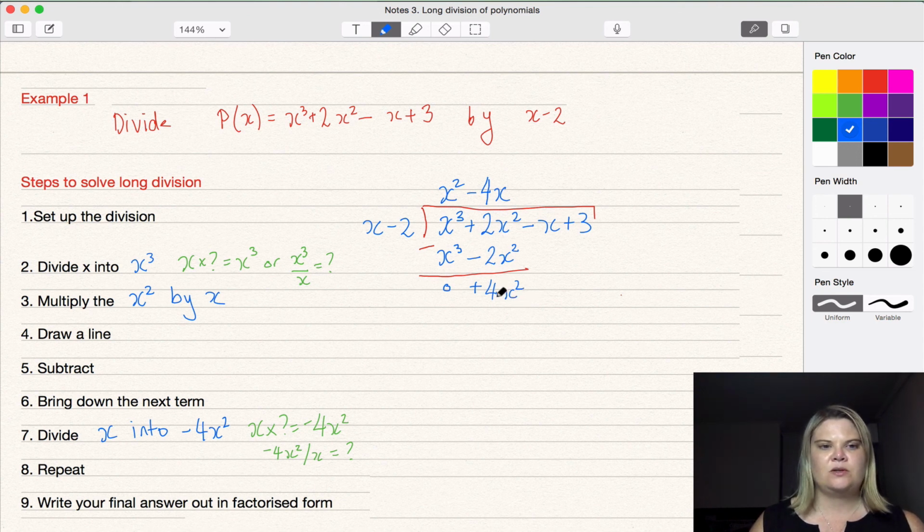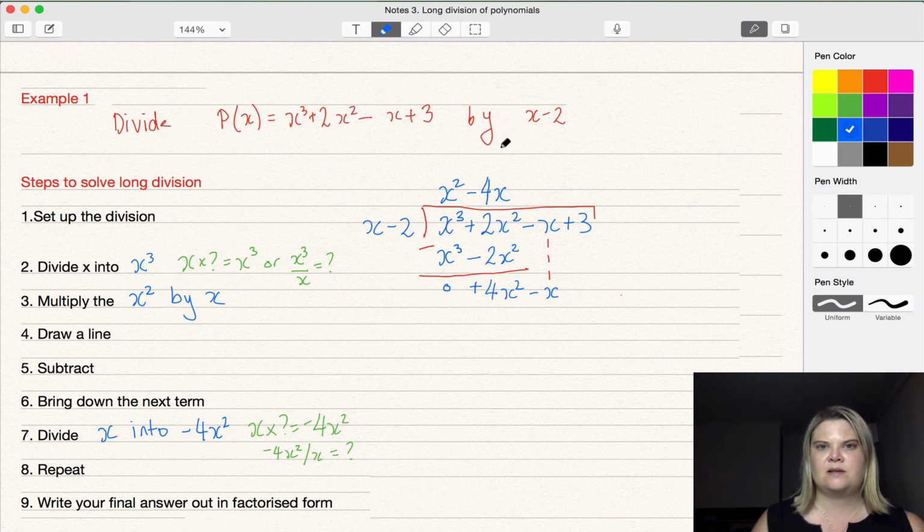Now we need to do the last step down here. Step 6, bring down the next term. So that means you take this one, I'm just putting a dotted line to help you out, and you just copy it down there. Okay, step 7, divide x, that's this x, into negative 4x squared. So going back to what we did at the very start again.